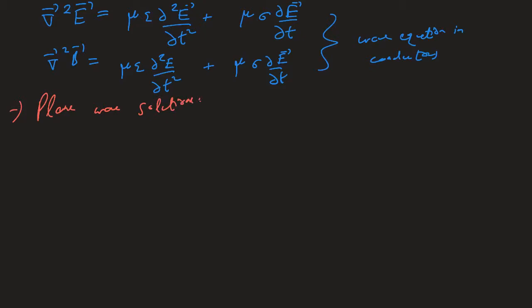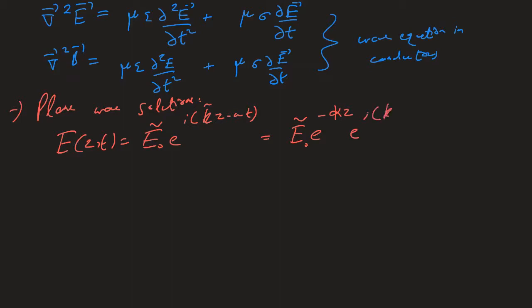A plane wave solution of the form E of z,t equal to some complex amplitude E naught e to the i of k tilde z minus omega t satisfies the wave equation, and it can be expressed as e to the minus kappa z times e to the i of kz minus omega t, where k tilde is equal to some real part k plus i kappa.